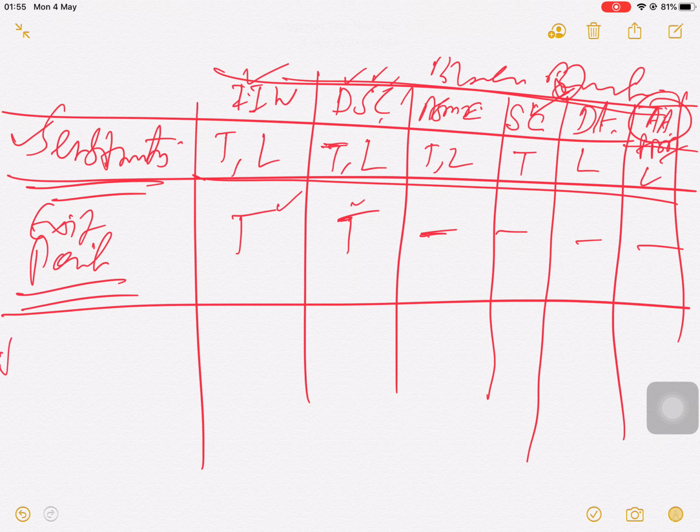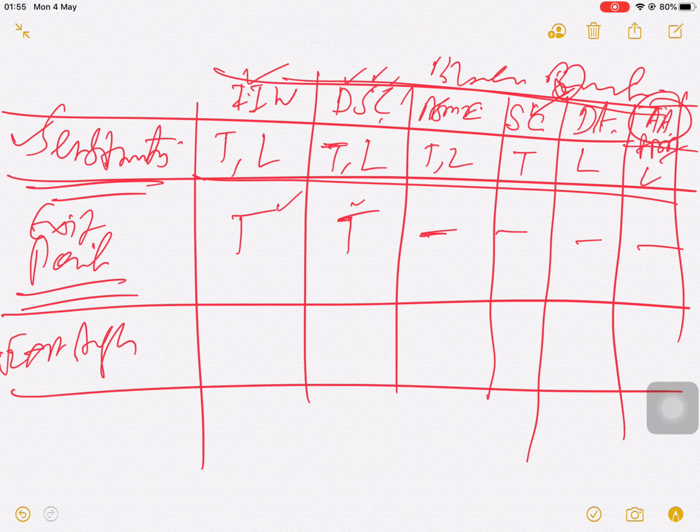Okay, for exit angle, the exit angle from the IIW is your transverse wave. DSC also transverse, we are not taking from ASME. SC we are taking for sensitivity calibrations, there are the transverse waves and the remaining no.